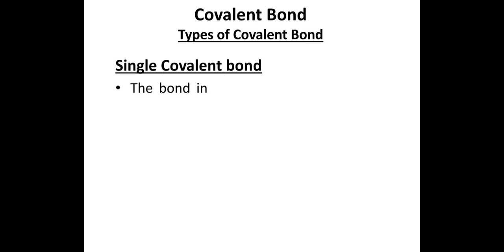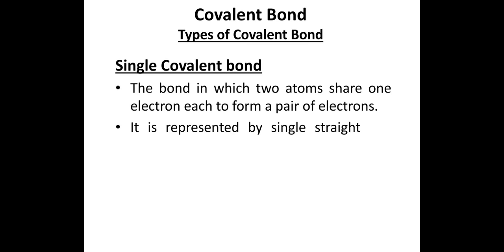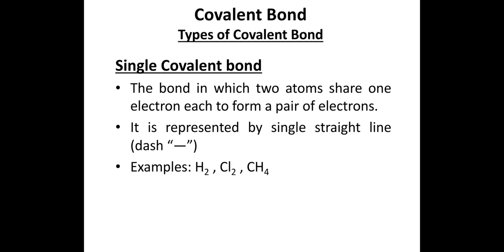Single covalent bond: the bond in which two atoms share one electron each to form a pair of electrons is called a single covalent bond, and it is represented by a single line. Examples are hydrogen, chlorine, and methane.